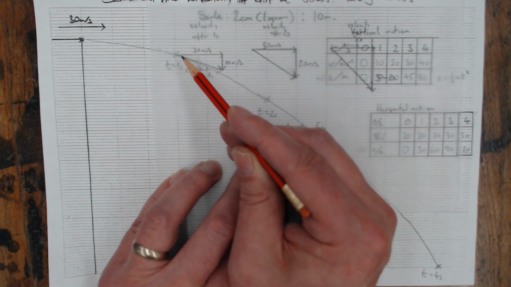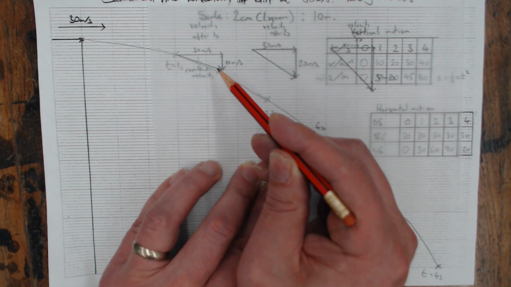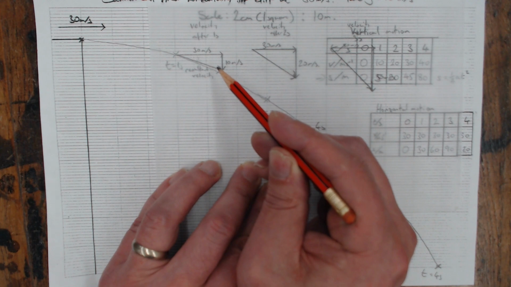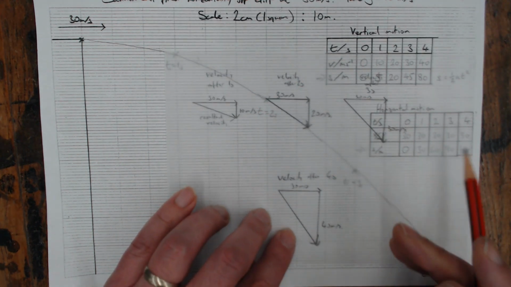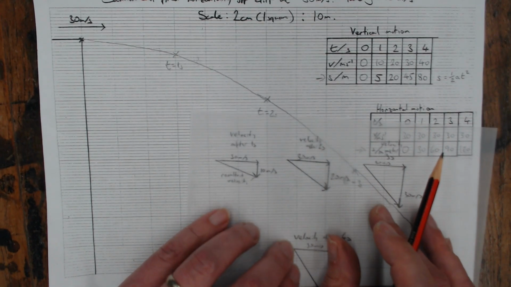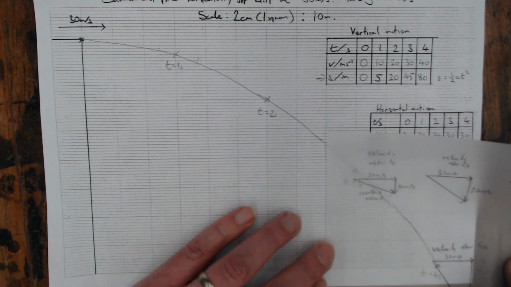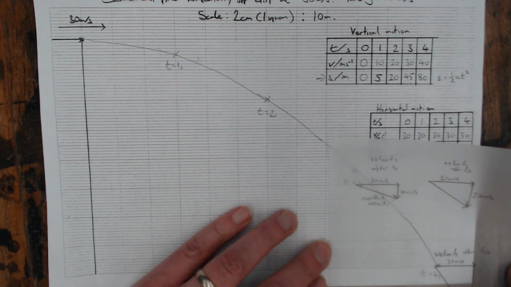That's the direction it is traveling in at that moment. So no wonder the arrow is tangent to it. It is the instantaneous velocity at that point, and it tells you what direction the ball is traveling in at that moment. After 2 seconds, it's traveling in that direction. After 3 seconds, in that direction. And after 4 seconds, in this direction.